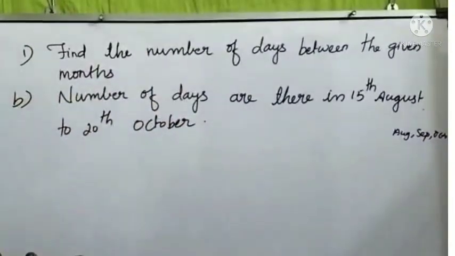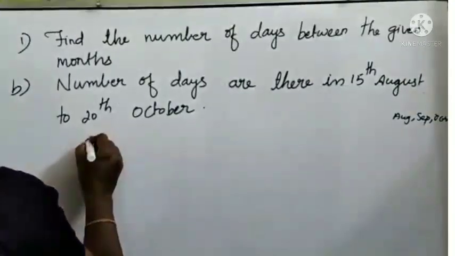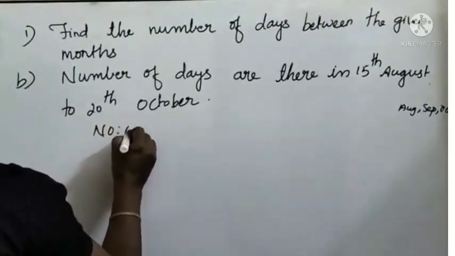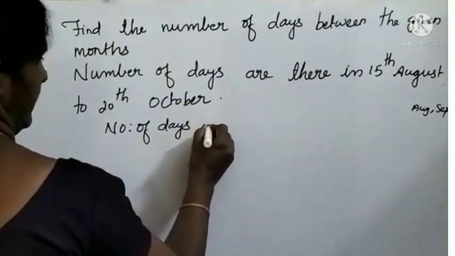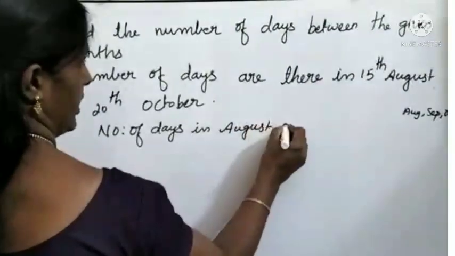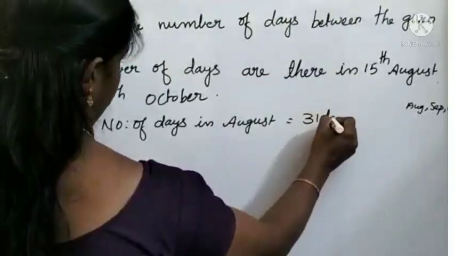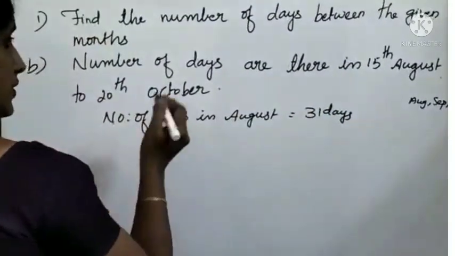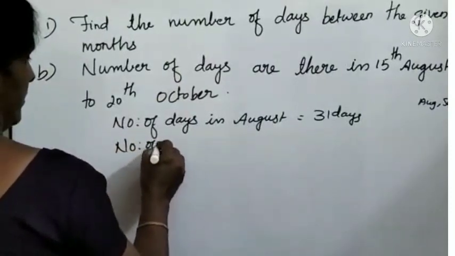So what is the first step? Yes, first step, number of days in which month? August. How many days in the month of August? Yes, 31 days. Understand? So we need to find out the number of days remaining in August.